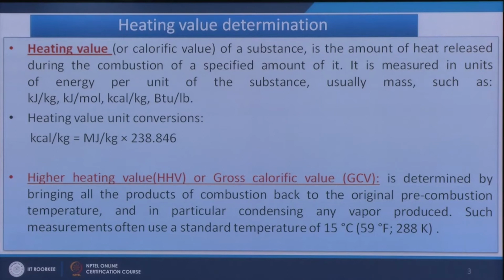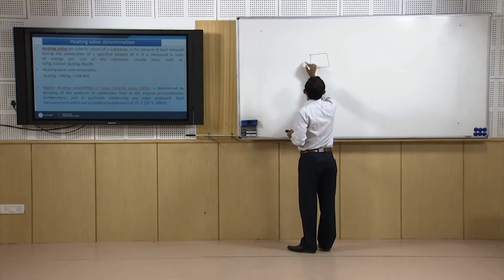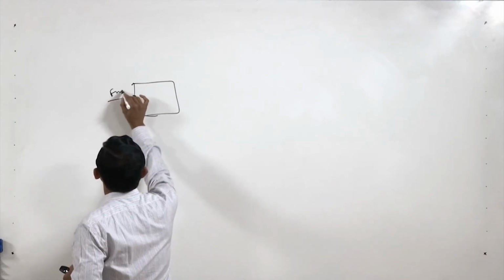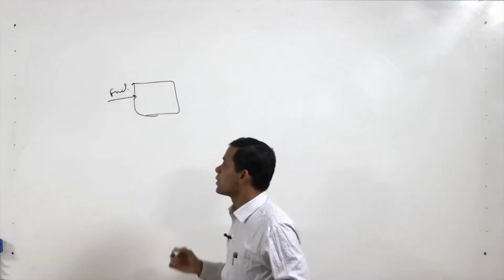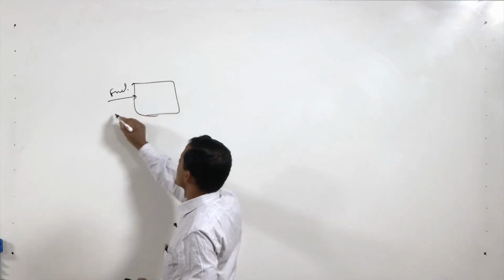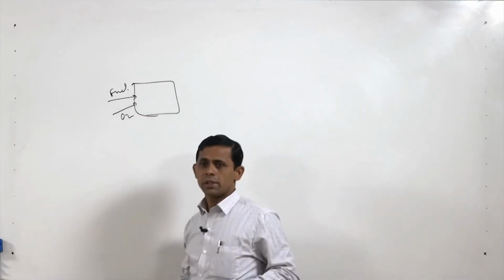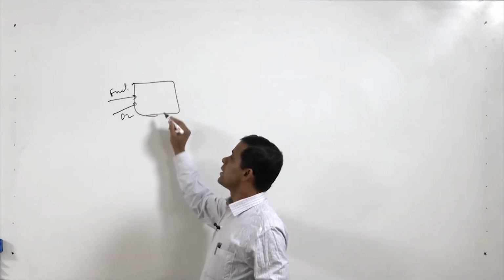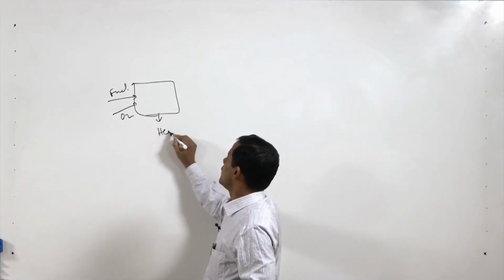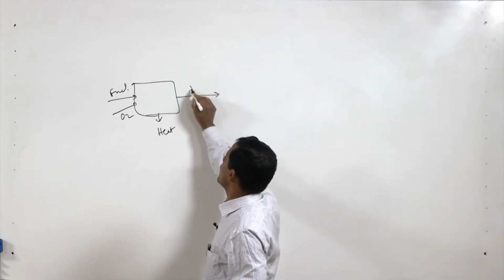So if we consider, say, one combustion chamber is there, we are putting some fuel, say solid waste maybe, that solid waste we are combusting, oxygen is also sent. So after combustion heat is released, and it is going through the flue gas.